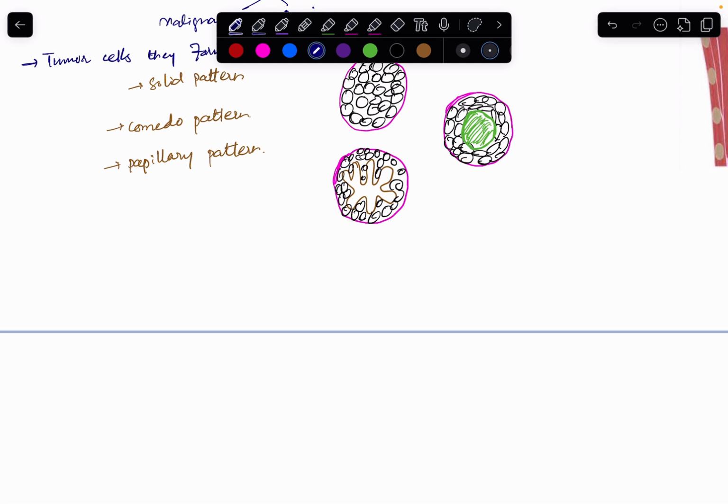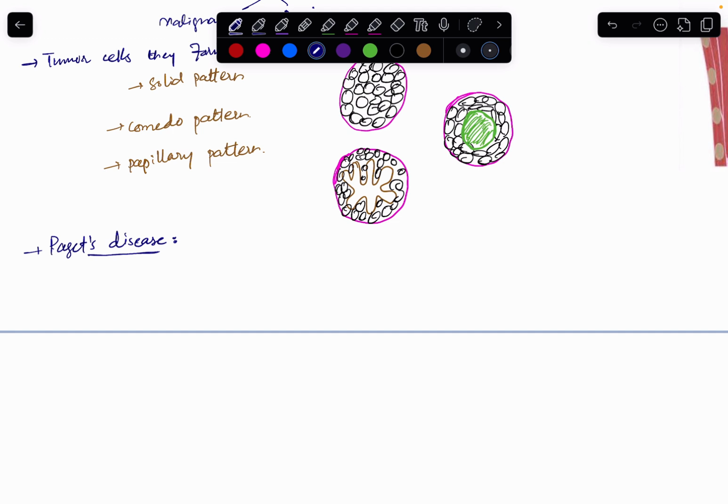Now there's another disease called Paget's disease. What is Paget's disease? In Paget's disease, these are also tumor cells inside the ducts.